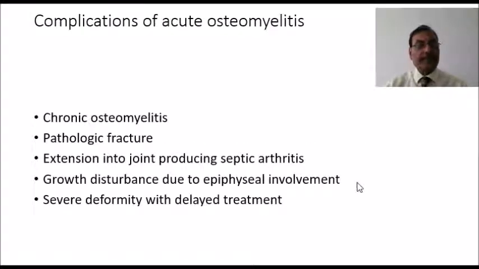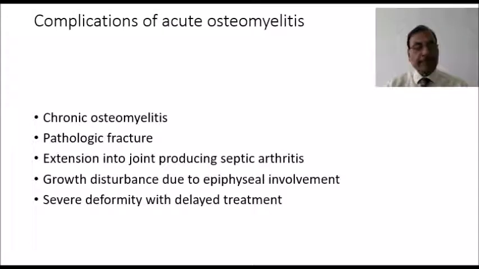What are the complications? Acute osteomyelitis can turn out to be chronic osteomyelitis if not properly treated. If the patient puts weight or the limb is not protected, there will be pathological fracture. Extension of the infective organism into the joint can produce septic arthritis.